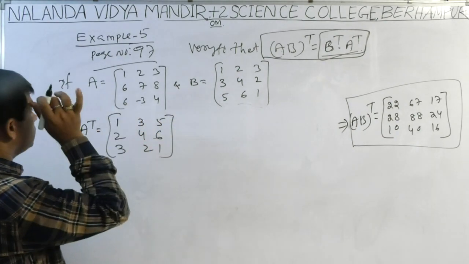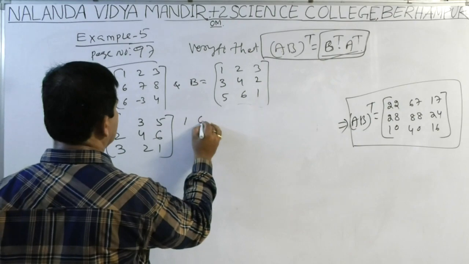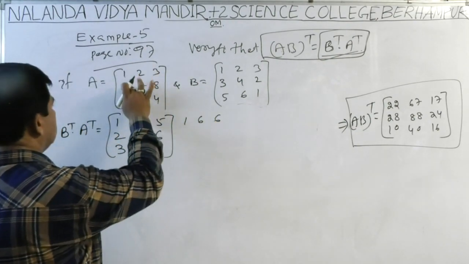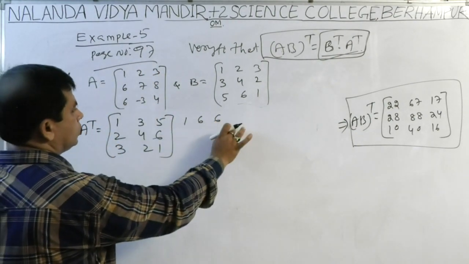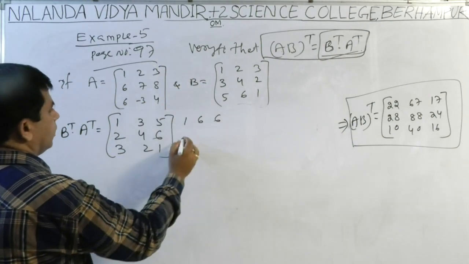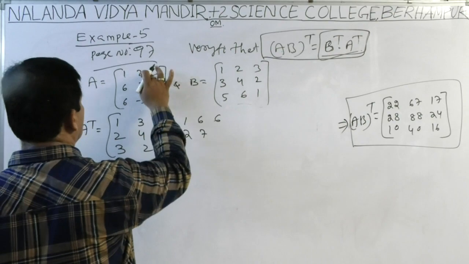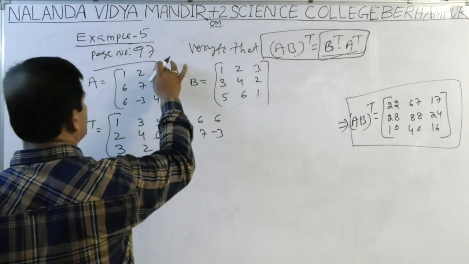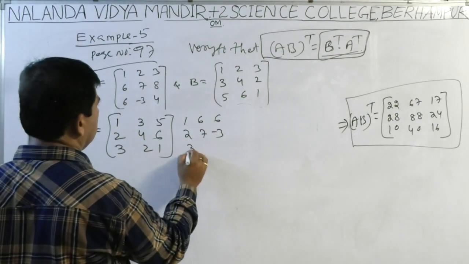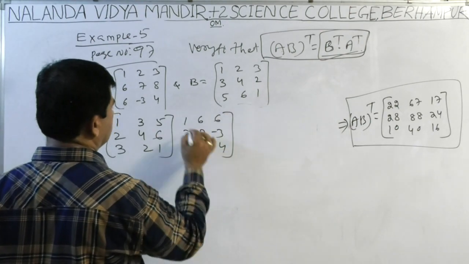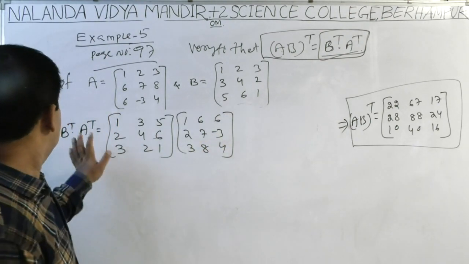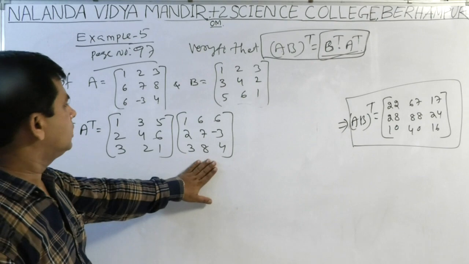And A transpose: first row change to first column, second row 2, 7, minus 3, third column change to third row 3, 8, 4. This is our B transpose and this is A transpose.